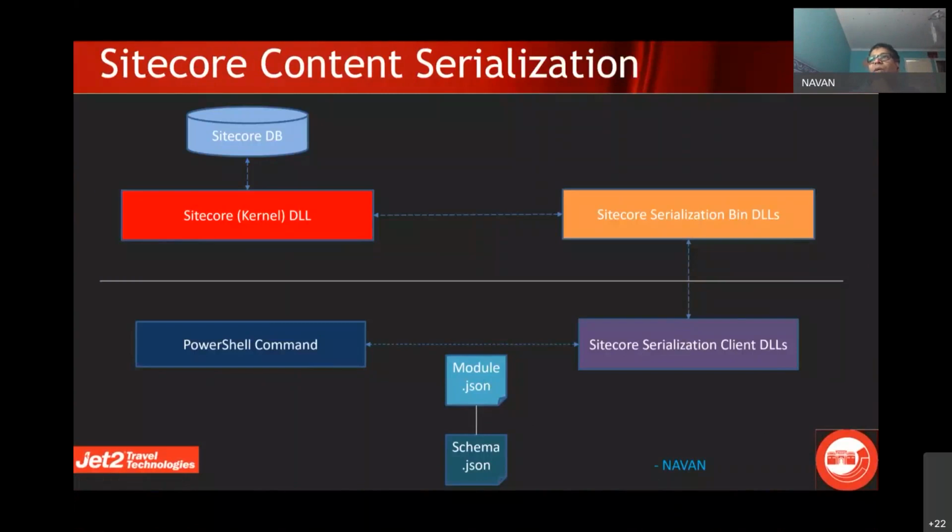That's why if you pass a wrong database name, wrong in the sense that the item is there, but you pass master instead of core, it goes and gets filtered at the serialization client DLL, and then the call goes to the serialization actual DLL, which has the comparison with the show config and sees whether the database is present or not. And then you have the kernel call where it makes the actual call to the database and then cross checks the presence of a valid database.